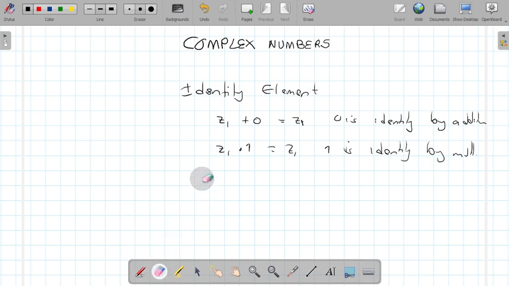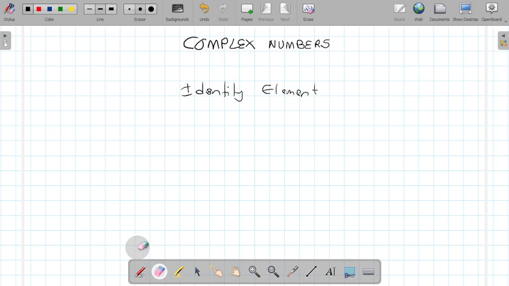We can also talk about the additive inverse. So what is an additive inverse? With respect to addition, you have Z1. How do you get back the identity element?